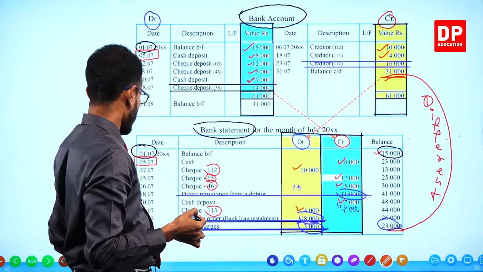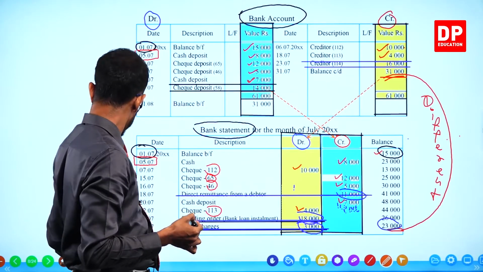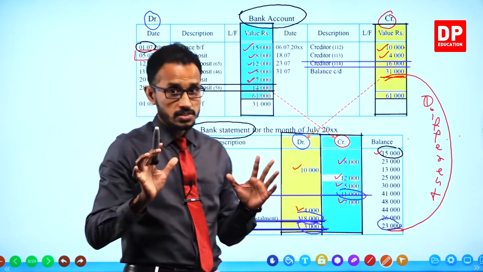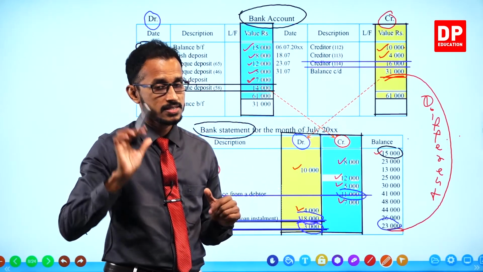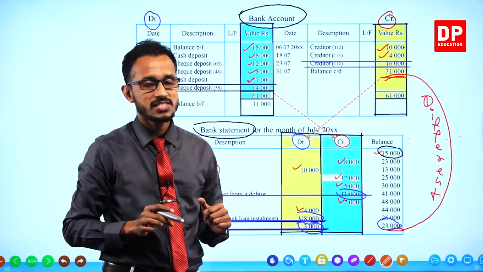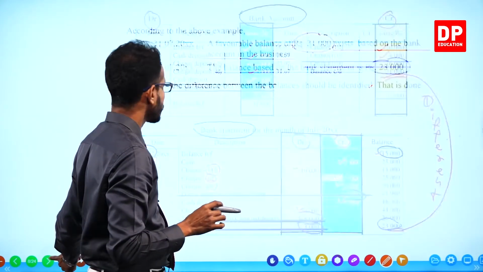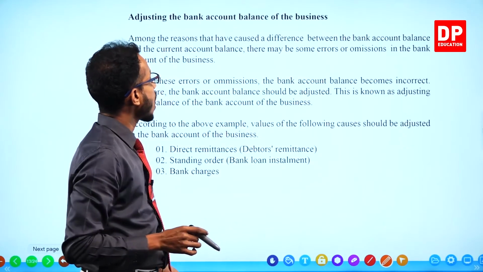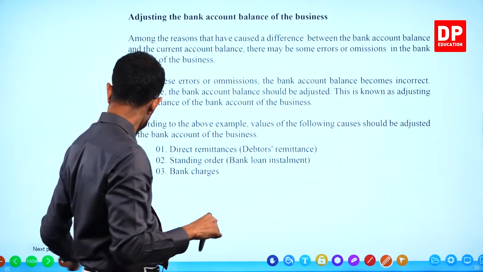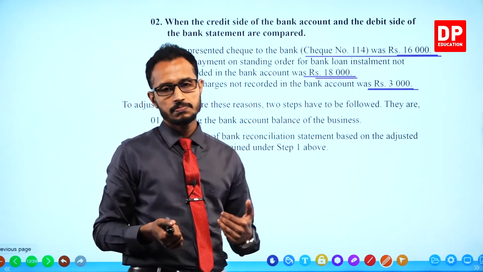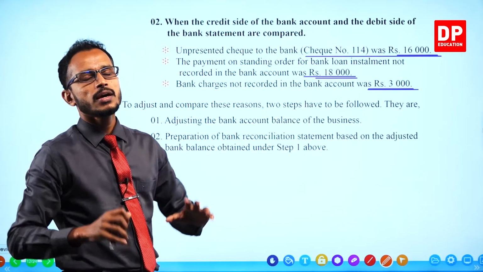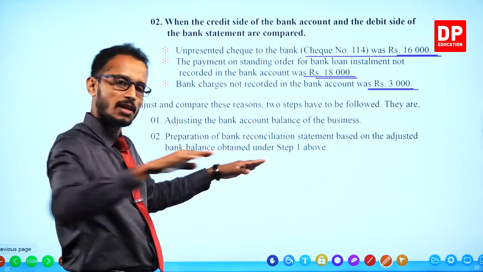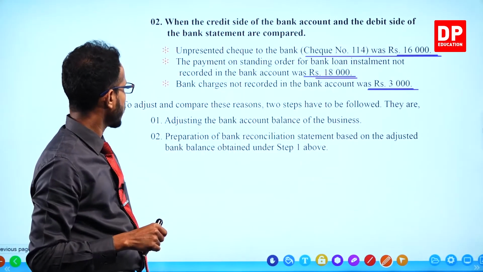So we have to first do this initial step. What is the step? Children, we have to correct our balance. We have to correct our side first. That means we have to enter those missing items into our bank account and correct our bank account. Okay, that is the first step.